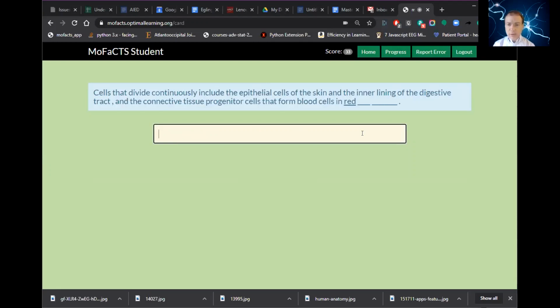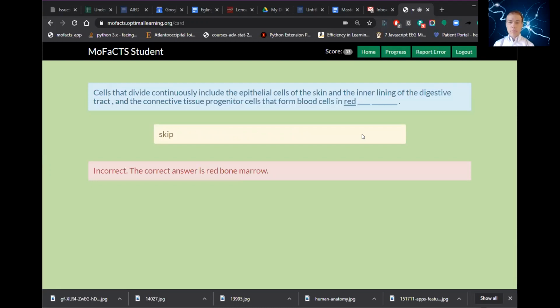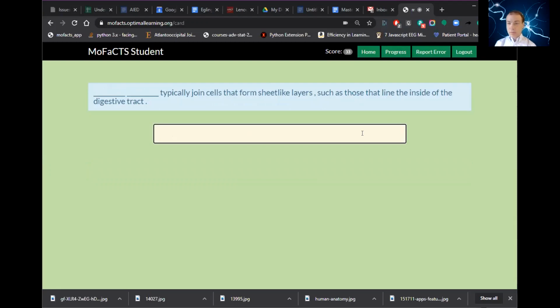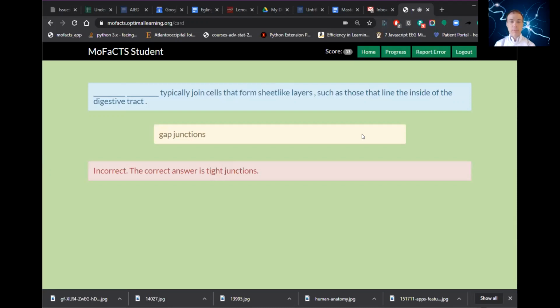Connective tissue progenitor cells that form blood cells in. Skip. Incorrect. The correct answer is red bone marrow. Oh. Didn't read that very carefully before. Gap junctions? No, it's tight junctions. Incorrect. The correct answer is tight junctions.